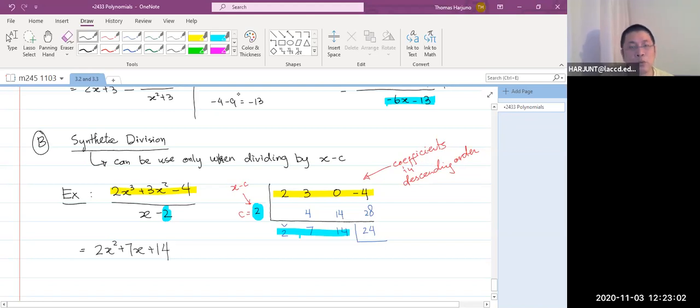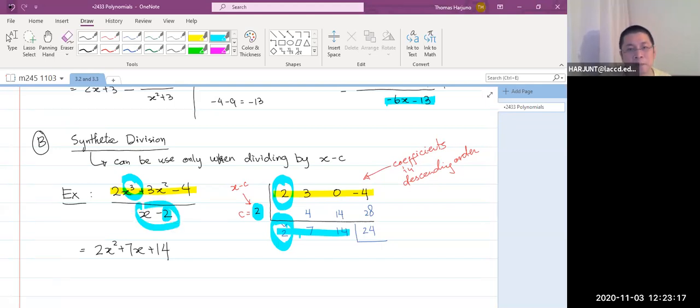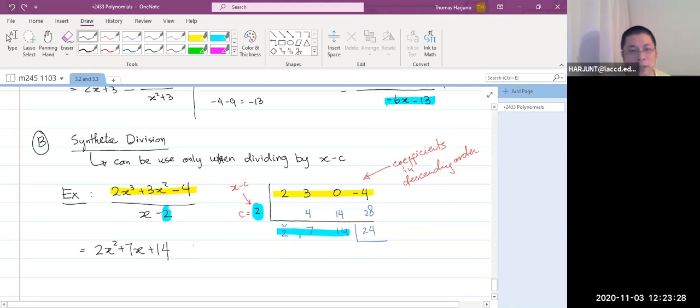Notice that this 2 here is degree of 3, so this must be degree of 2. Let me say it again. If the original polynomial that you divide is degree of 3, then the first one down here must be degree of 2 because you divide by degree of 1. Now, how about the remainder? That's plus 24 over x minus 2.